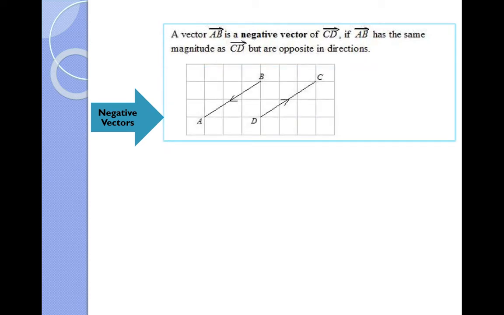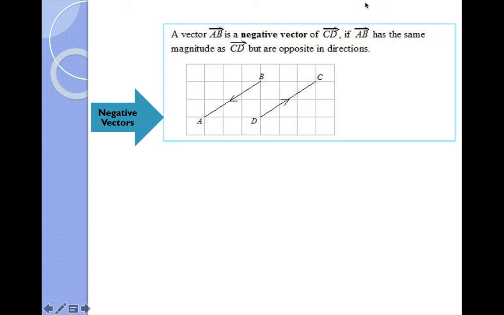Remember, I have given you the diagram, the graph on a plane, with vector AB and vector CD. Now you can see vector AB is the negative vector of vector CD. It is the same size, but vector CD is in the opposite direction to vector AB.